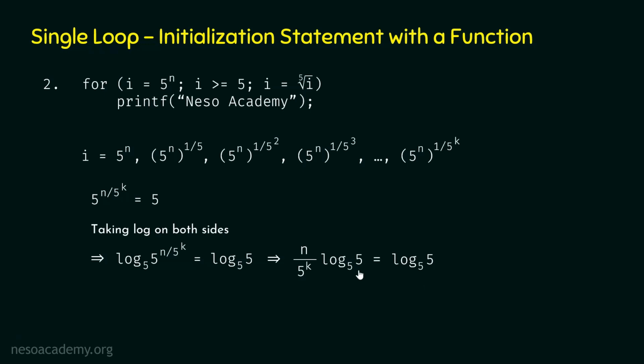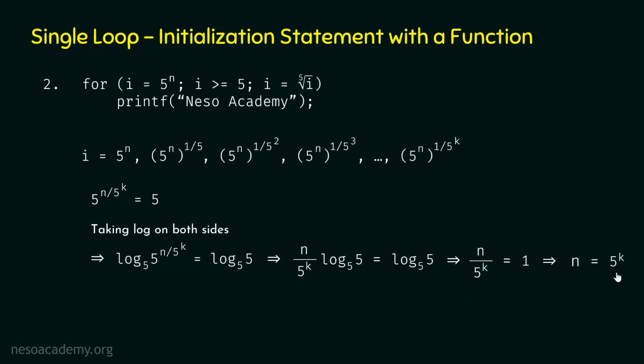We know log 5 base 5 from both sides can be cancelled out, or we can write log 5 base 5 as 1. So we can rewrite this equation as n by 5 power k equal to 1. Now we can multiply 5 power k on both sides, so we will get n equal to 5 power k.